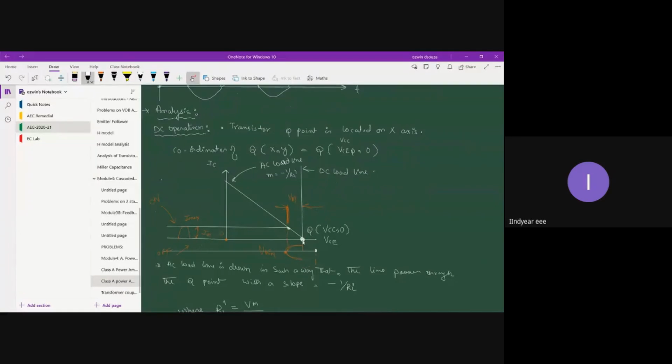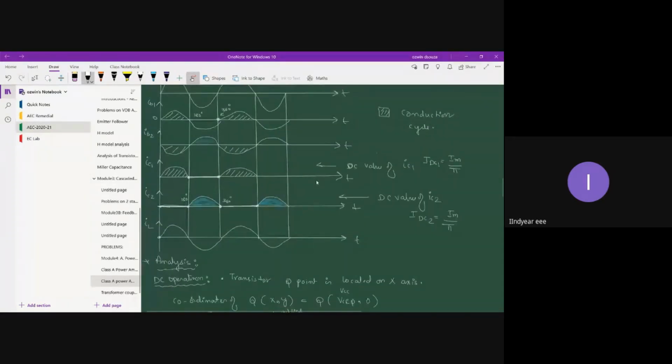Instead, you need to use the waveform. You know that the collector waveform exists for 180-degree duration, so each collector waveform takes the shape of a half rectified waveform. The signal is present for one half cycle and absent for the other half cycle. IC1 and IC2 resemble the half wave rectifier waveform.